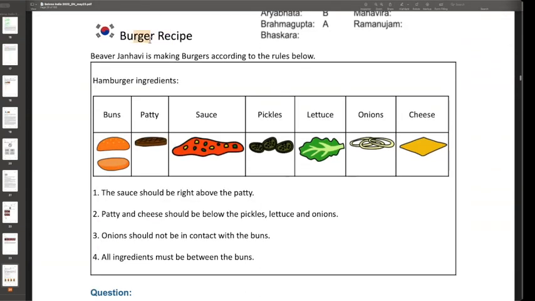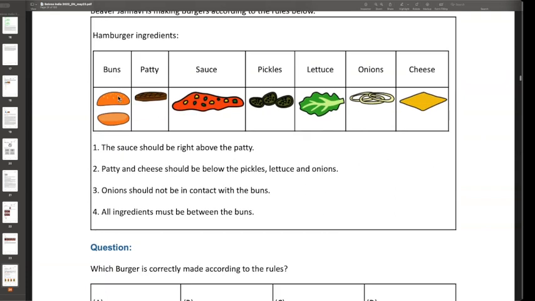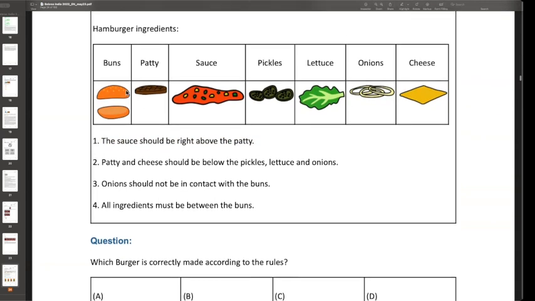So the next question is, a person is making a burger with these ingredients. And there are a few rules in making the burger. So the rules are that the sauce should be right on top of the patty.